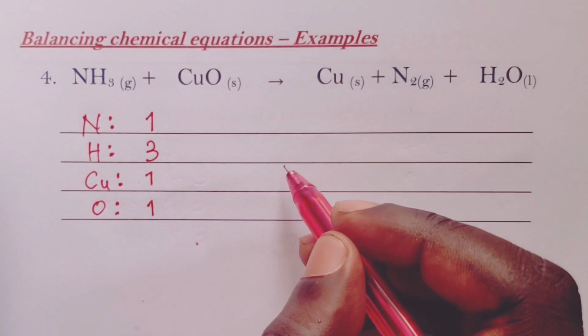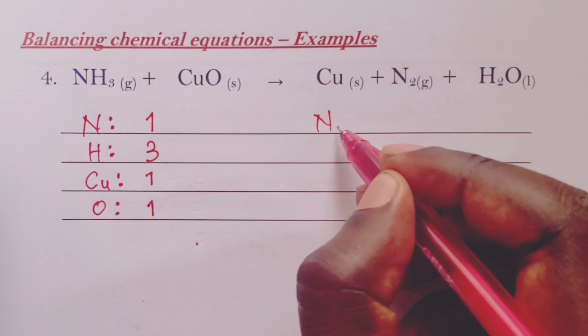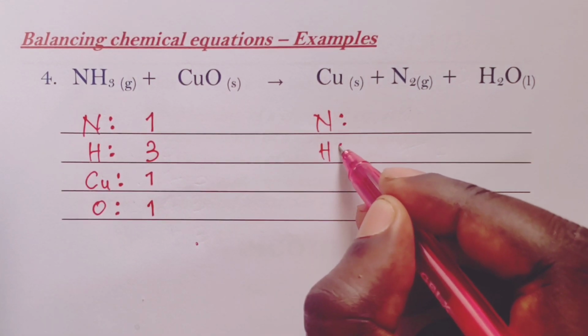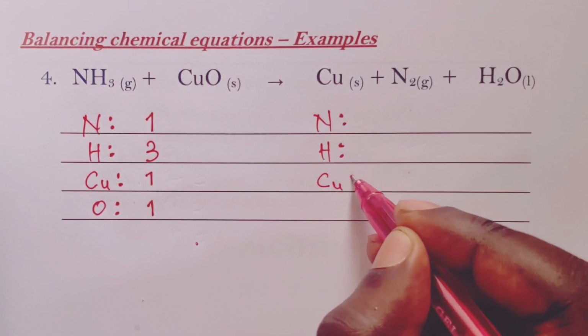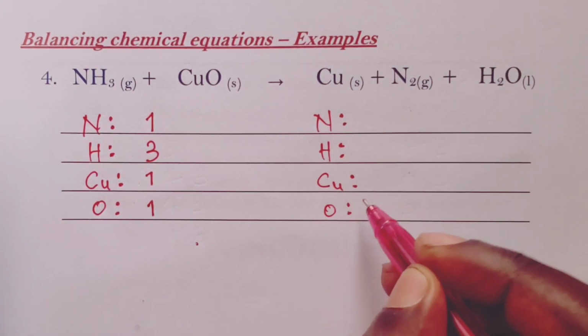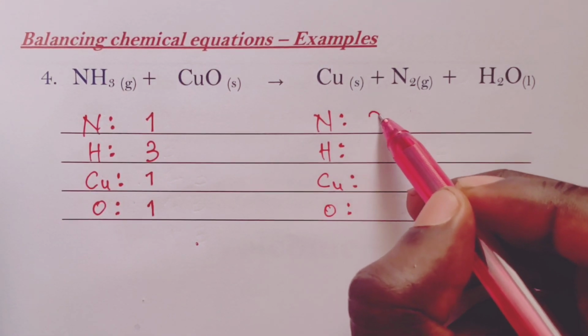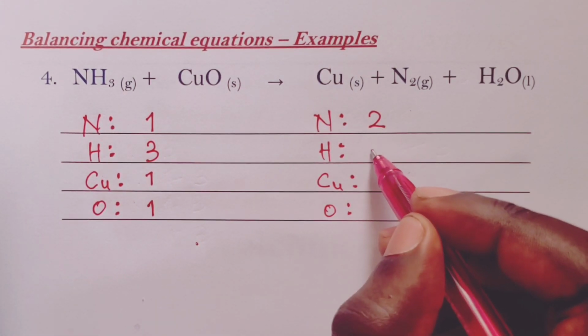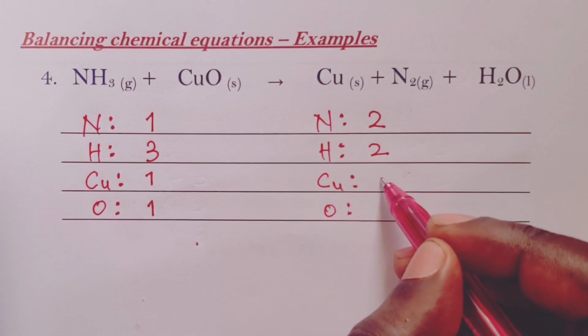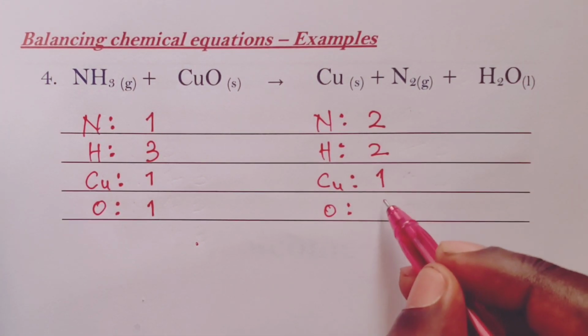Let's see what happens on the right. Nitrogen, hydrogen, copper, and oxygen. Counting, nitrogens are 2, hydrogens are 2, copper 1, oxygen 1.